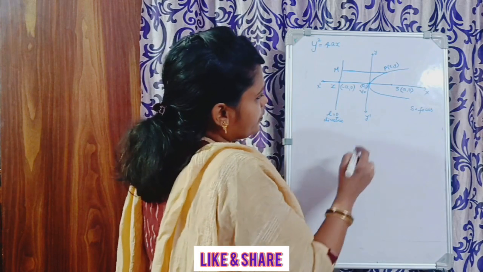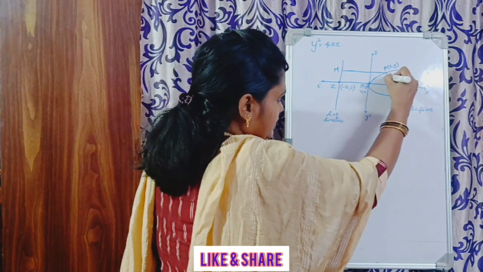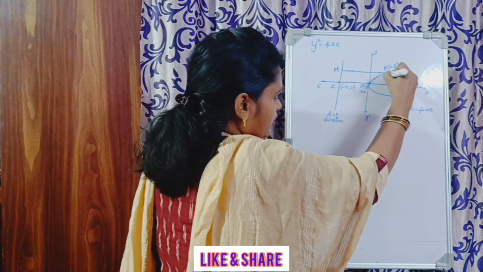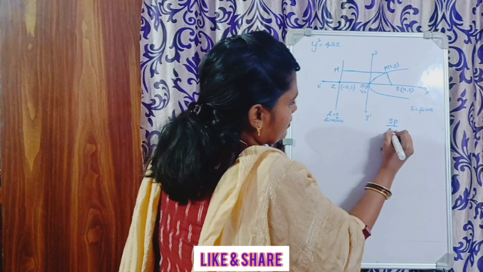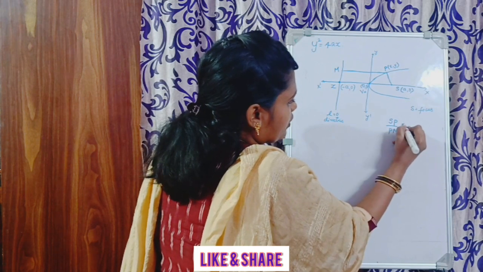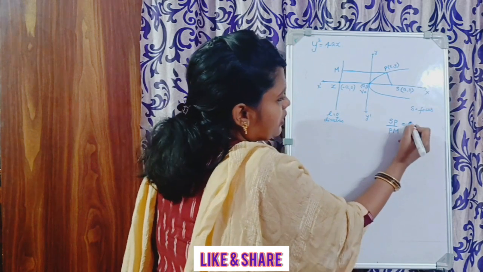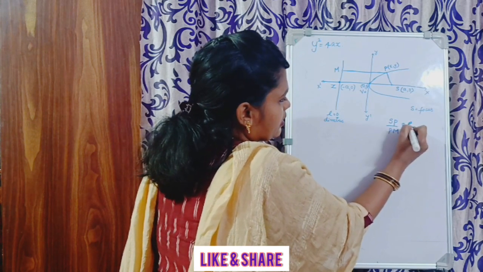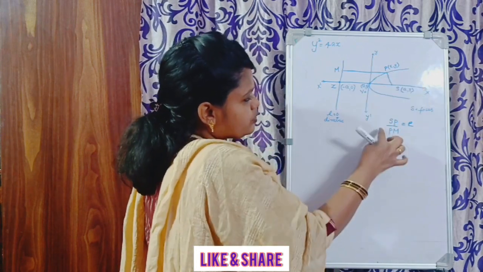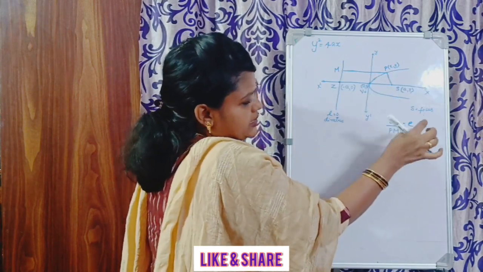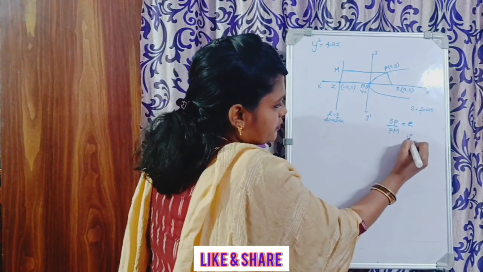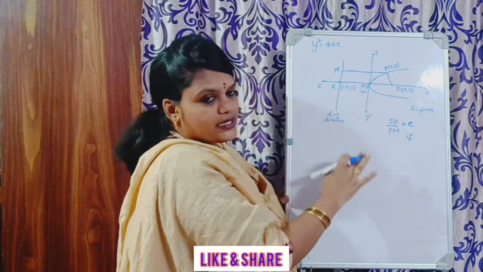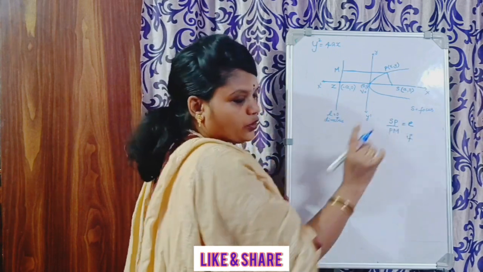Now if I consider this distance SP by PM, we call it e, or eccentricity. The ratio of SP to PM we call the eccentricity. From the definition we know a parabola is a conic section whose eccentricity is equal to 1.